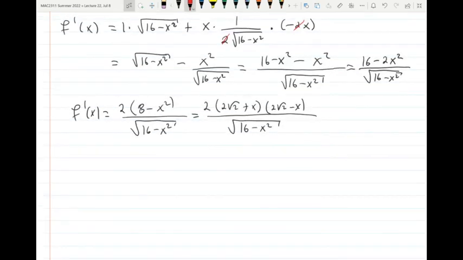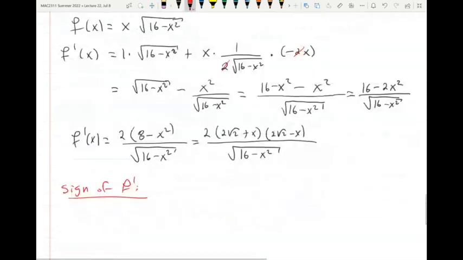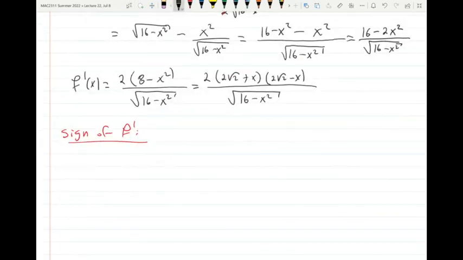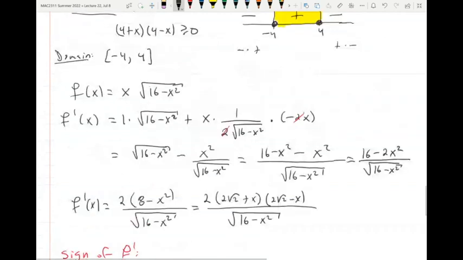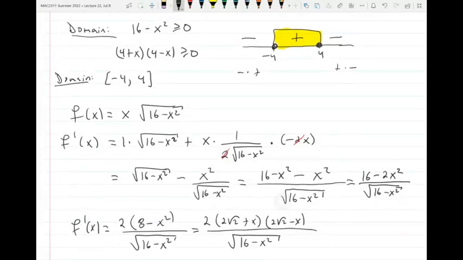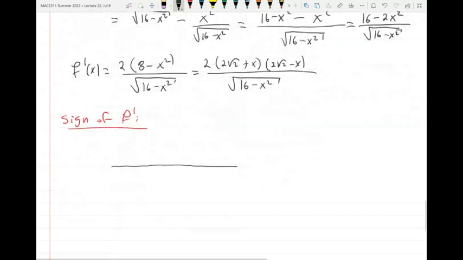Okay, so now we can write the sign. So sign of f prime. So remember, the values that make it undefined are positive and negative 4, and they are part of the domain, so you should be considering those. But because they are the endpoints of the interval, it doesn't matter because we're looking for the interval of increasing or decreasing.